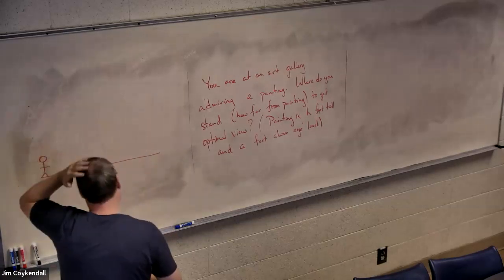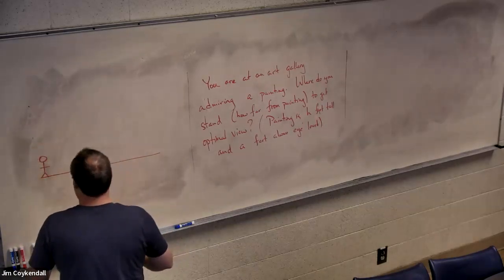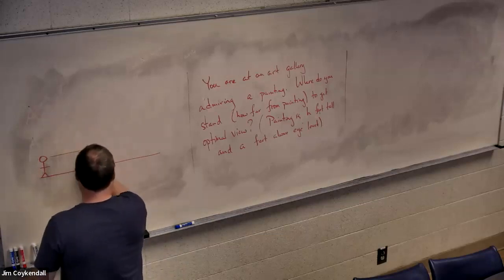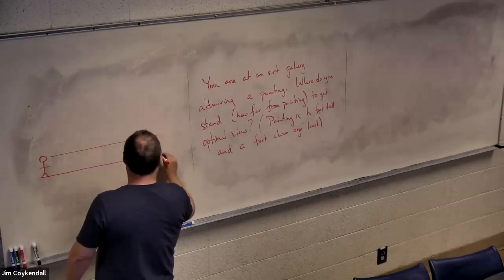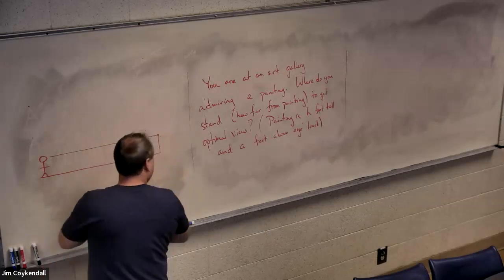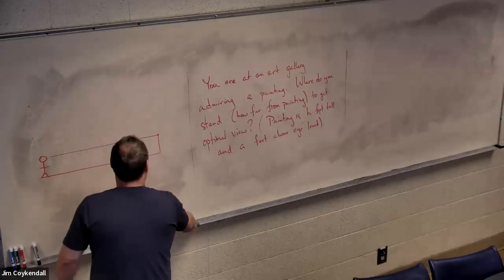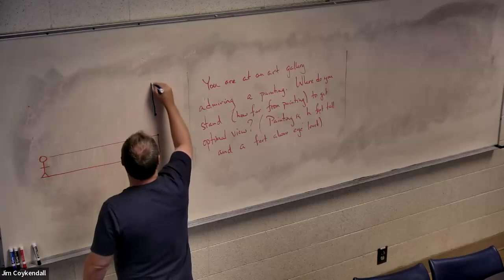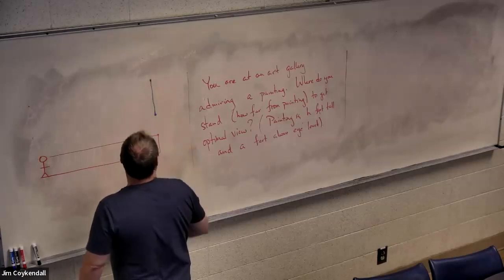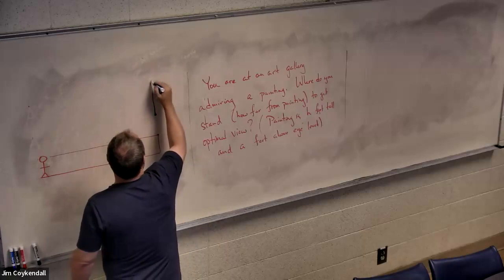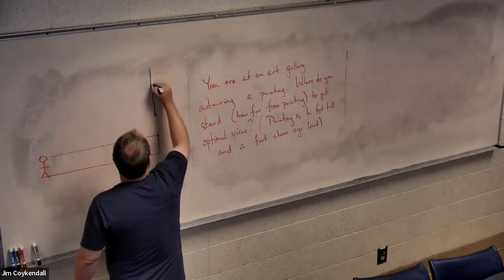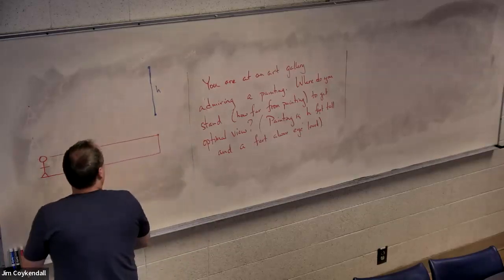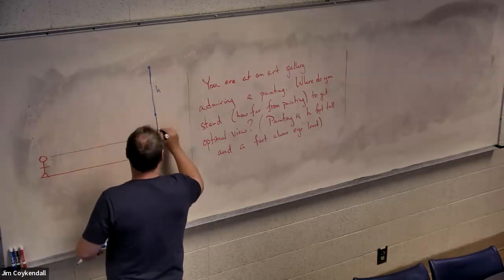So here I am, before I discovered pizza, and here's my eye level. And we've got this painting on the wall. Let's say the bottom of the painting is 8 feet above my eye level.